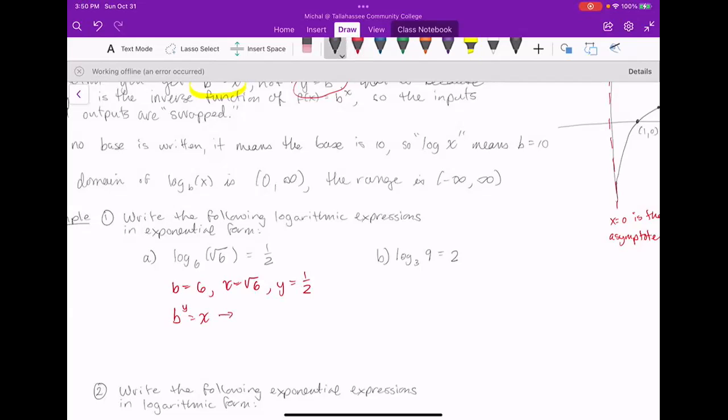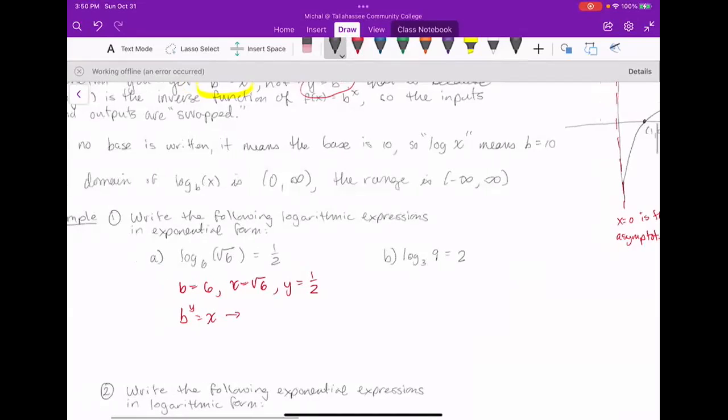And when I do that, I get 6 to the power of 1/2 is equal to square root of 6. And this makes sense because the fractional exponent is the same as the square root, right? So an exponent of 1/2 is equal to square root. An exponent of 1/3 is equal to cube root, and so on, right?